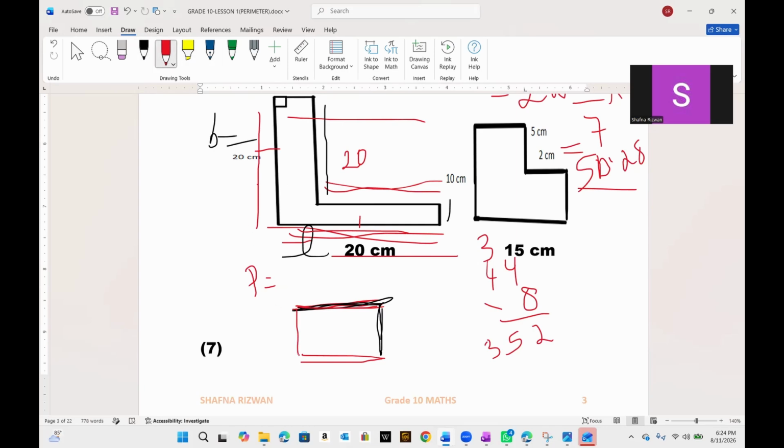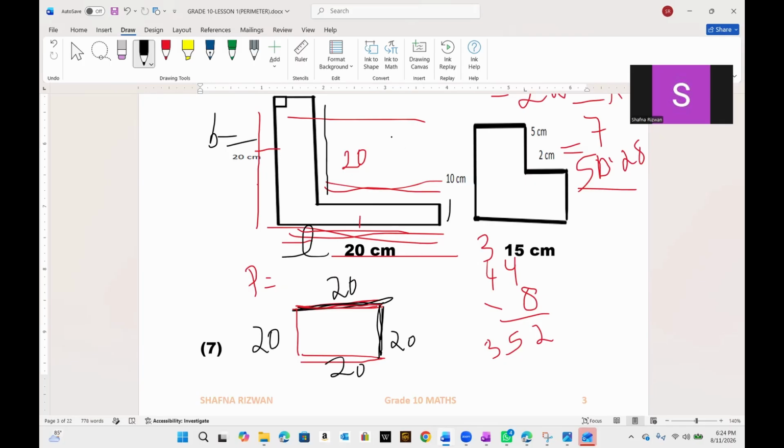See, this red color one is becoming equal to this black color one. Both are the same. Tall and short is the only difference. So top 20, bottom 20, side 20. Right side 20 and left side 20.